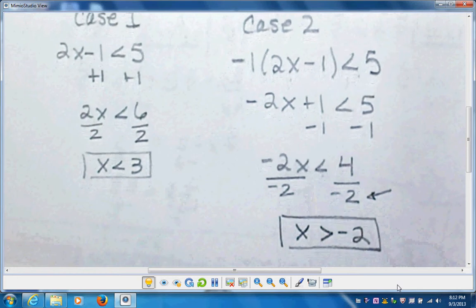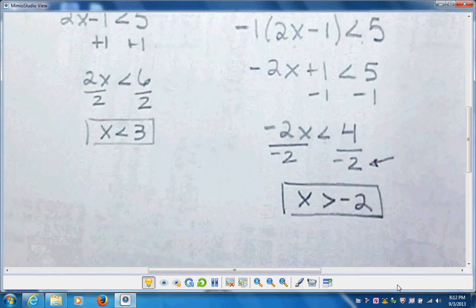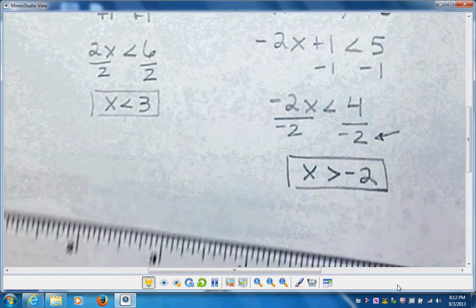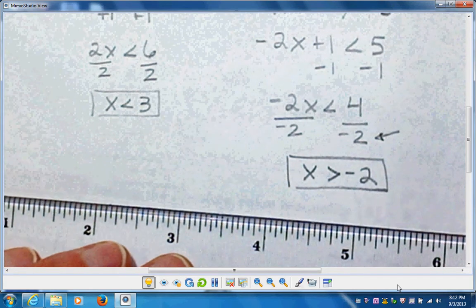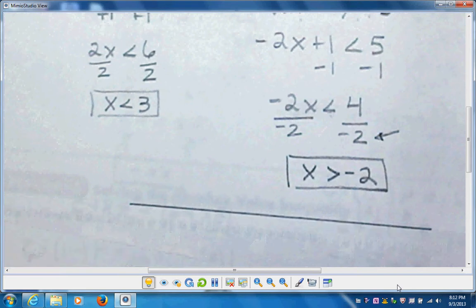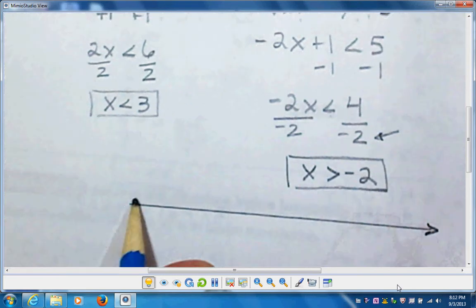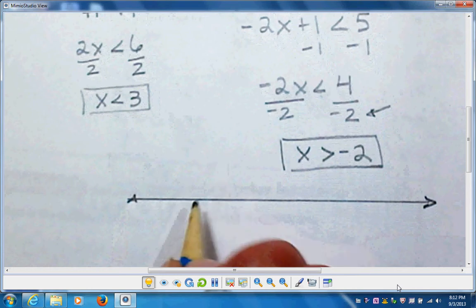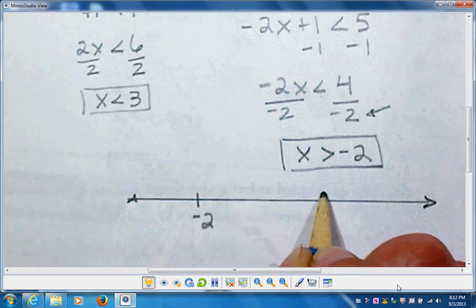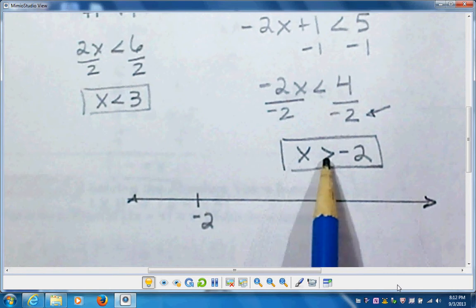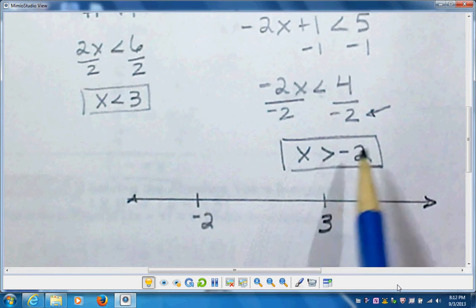Now I'm going to draw this on a number line and figure out the best way to graph it. Here's my number line. I'm going to put negative 2 here and 3 here. This is saying x is greater than negative 2.